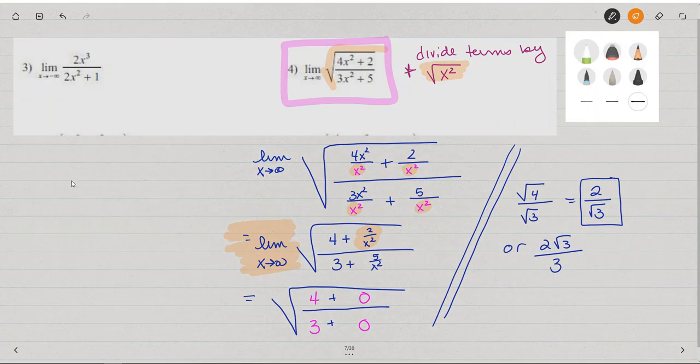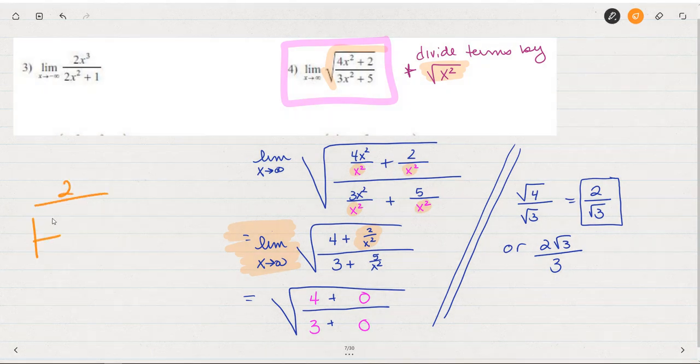So we've got 2 over a huge number. And when we divide this huge number into this tiny little 2, we get a 0. So that limit as x approaches infinity of 2 over x squared is 0. The limit of 5 over x squared is also 0. So we're left just with that square root of 4 over 3.